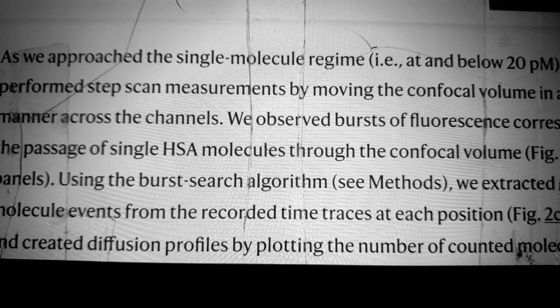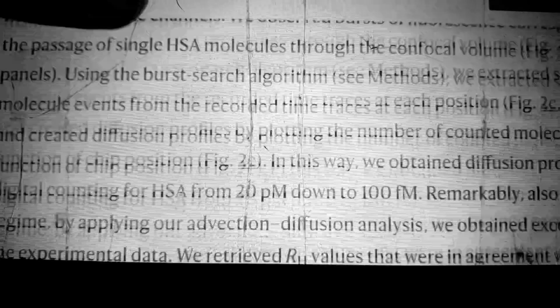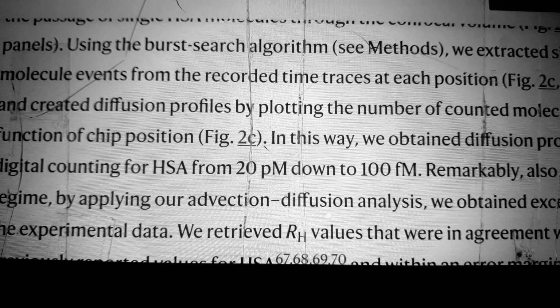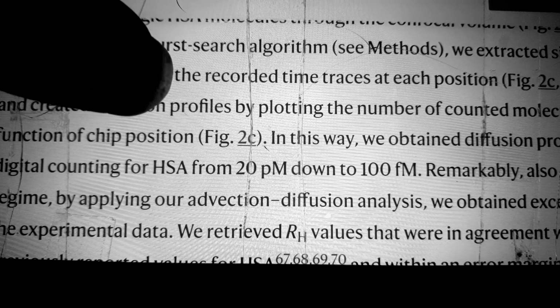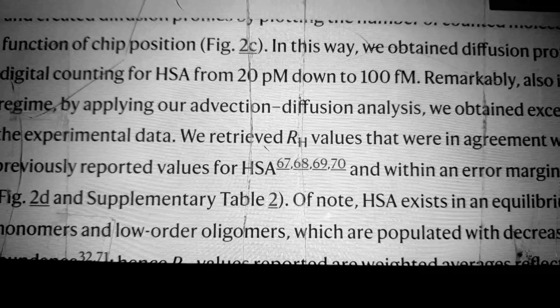Using the burst search algorithm, single molecule events were extracted from the recorded time traces at each position, and we created diffusion profiles by plotting the number of counted molecules as a function of chip position. In this way, the obtained diffusion profiles from digital counting for HSA from 20 ppm down to 100 fM could remarkably also be analyzed in this regime by applying advection diffusion analysis.